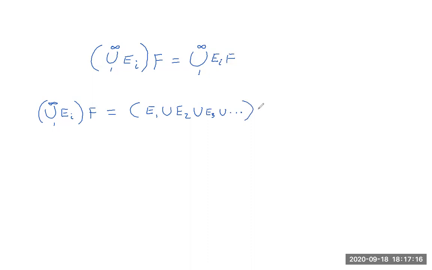But then intersected with F. So now we're going to use a property that when you want to take an intersection with F and distribute it inside the parentheses, you're allowed to, as long as you do it to all the sets inside the parentheses.